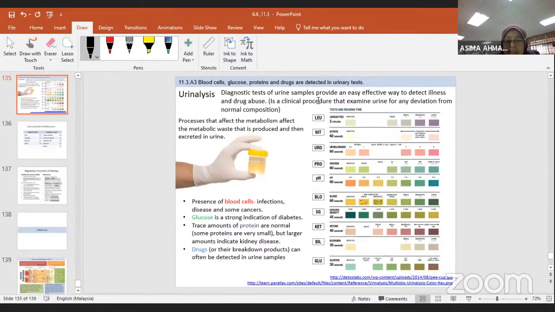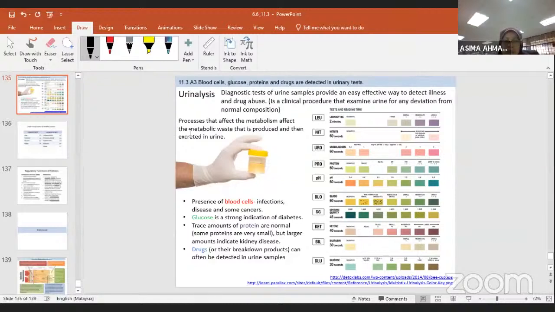It is a clinical procedure that examines urine for any deviation from normal composition. Maksudnya kalau normal urine sepatutnya macam ni, ini ada, ni tak ada. So when doing this urinalysis, they can tell if the person is taking drugs or not, or having any disease or not.